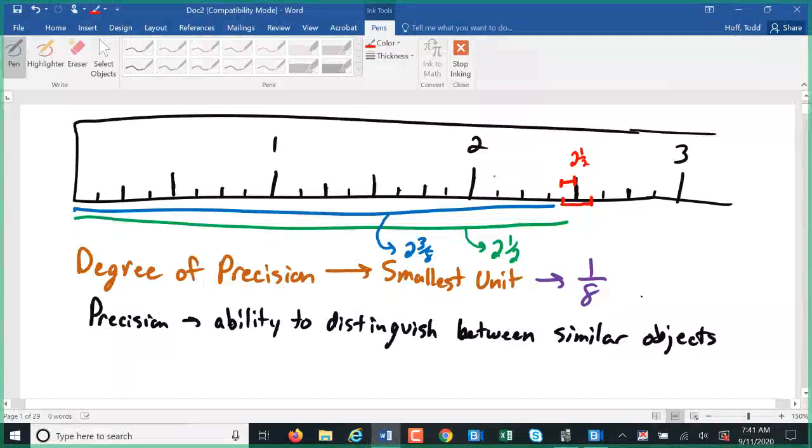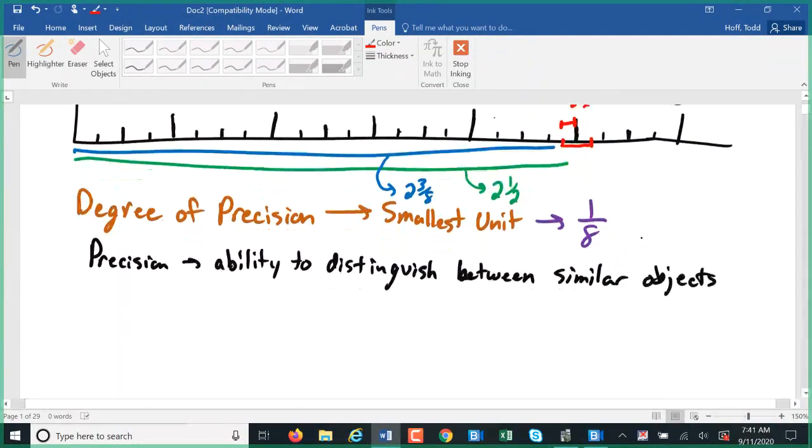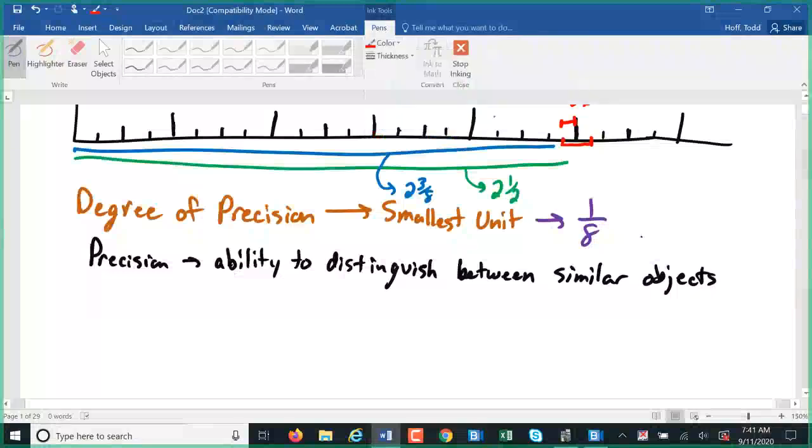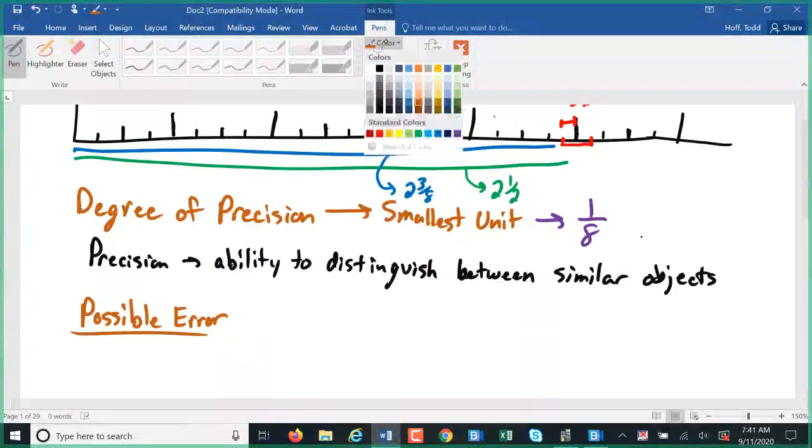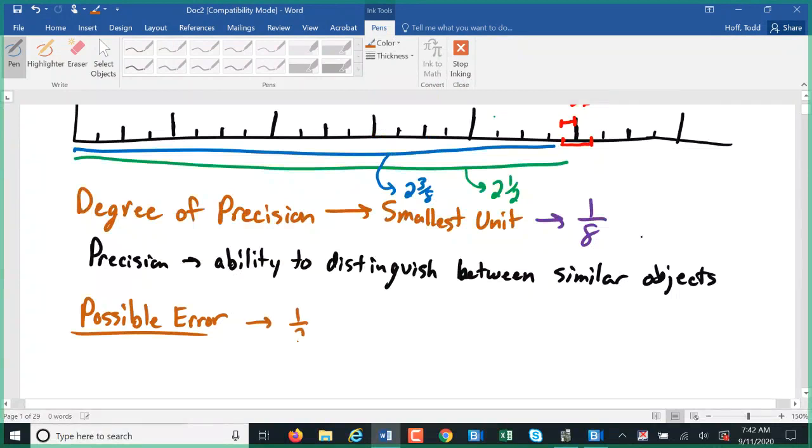Well, it can be halfway to the next unit. That is called the maximum possible error, or just the possible error. I believe your textbook actually even just refers to it as the error. The possible error in a measurement is 1/2 of the degree of precision.